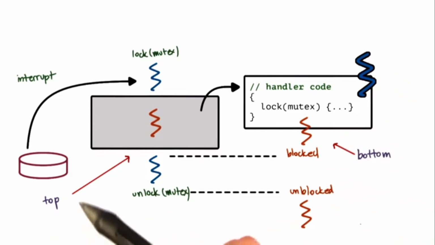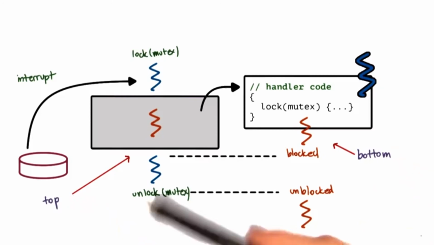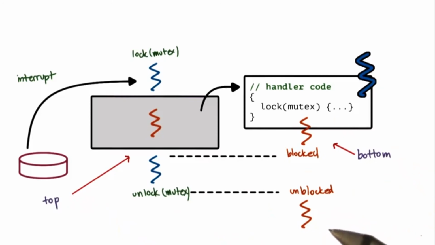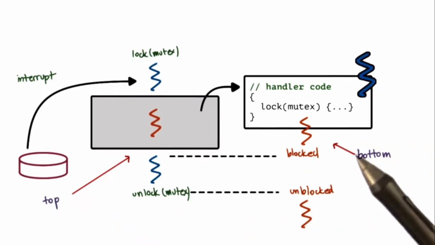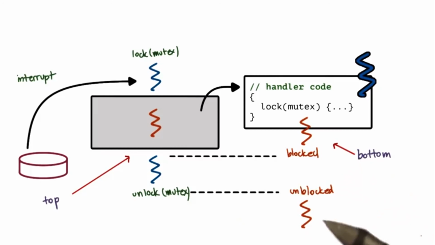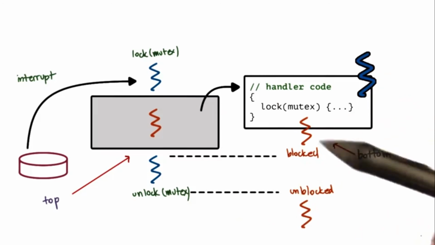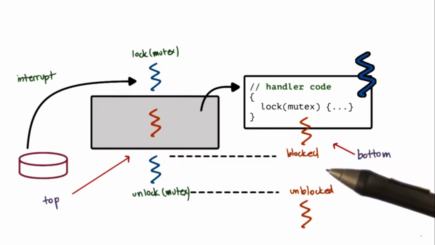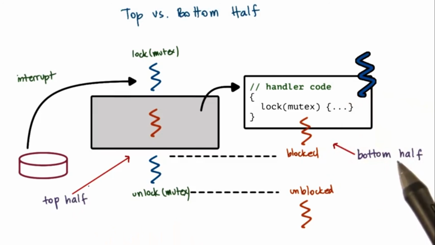I intentionally chose the words top and bottom to describe what's happening in this situation because this description of how Solaris uses threads to handle interrupts is a very common technique for allowing the interrupt handling routine to potentially have arbitrary complexity and not be worried about deadlocks. In Linux, these two parts of the interrupt processing are referred to as the top half and the bottom half.